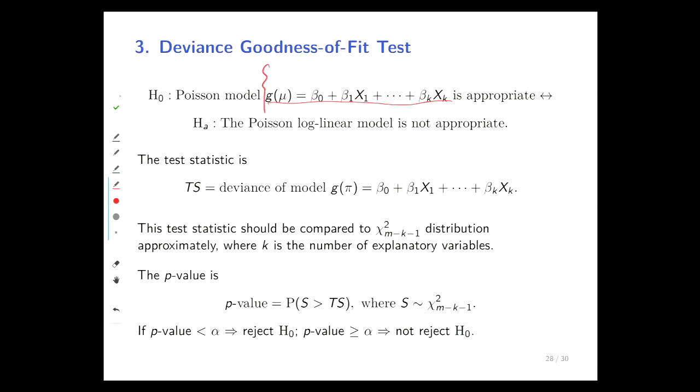For the Poisson log linear regression model, we actually have three assumptions. The first assumption is the Poisson distribution assumption. The second is the generalized linearity assumption. And the third one is the independence assumption.